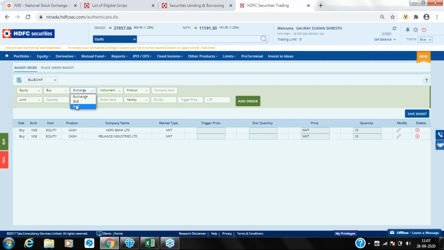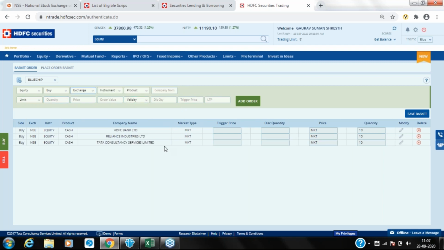And lastly, I will enter TCS. So here we go. I added 3 stocks: HDFC Bank, Reliance Industries, and TCS, 10 quantity each. All 3 of them will be bought at market price on the NSE exchange.